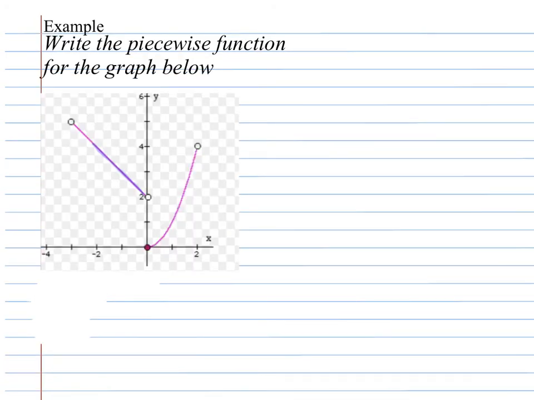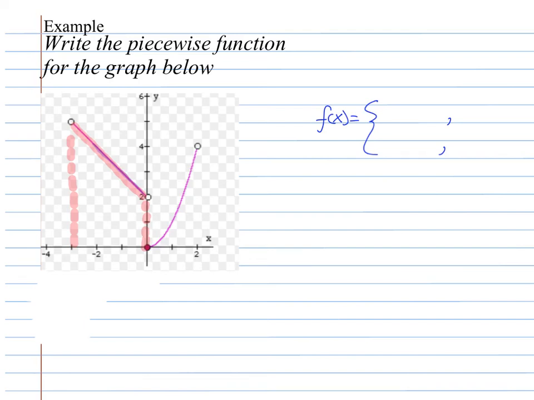This is our last problem that we're going to do. We're also going to write a piecewise function. So we have f of x is equal to, we're going to have our functions, and we're going to have our restrictions. If you focus on the left side, we have this problem right here. And if you notice, it is from -3 to 0.